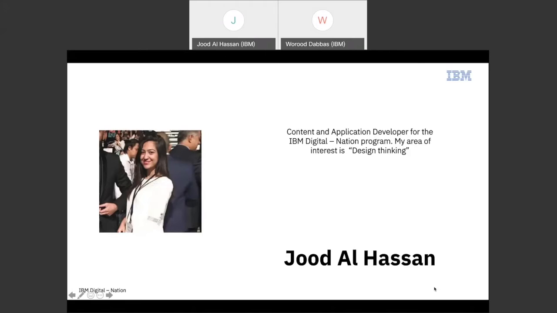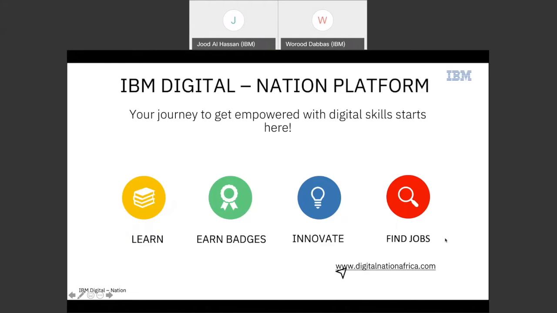So what is IBM Digital Nation Africa? It is basically a platform that enables you with the latest technologies, and it focuses on 4 areas: learning, earning badges, innovation, and finding jobs. So you learn the courses, you learn whatever technologies we have included for you, such as AI, cloud, blockchain, quantum computing, data science, and so on.